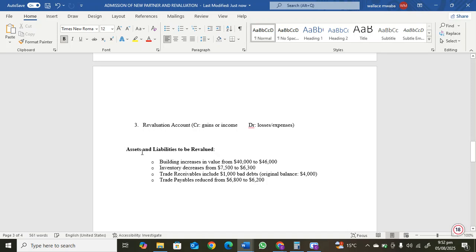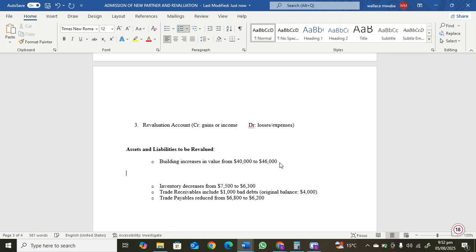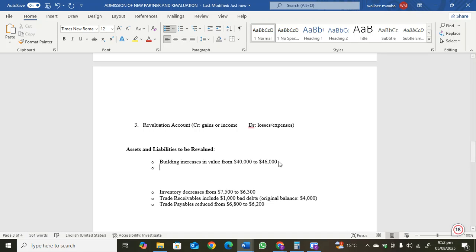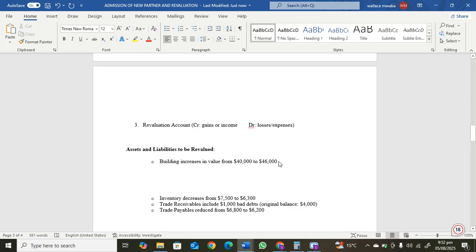So we're going to start with the buildings. They've told us building increases in value from 40,000 to 46,000. So it means here we have an increase in our building values. We'll just find out by how much it has increased.